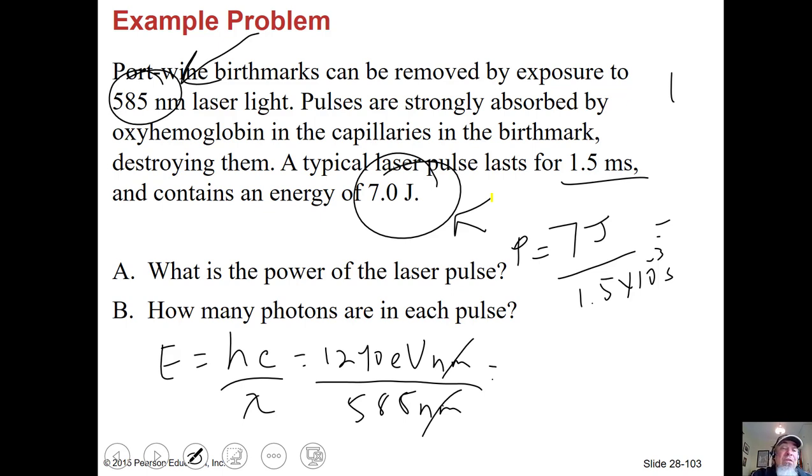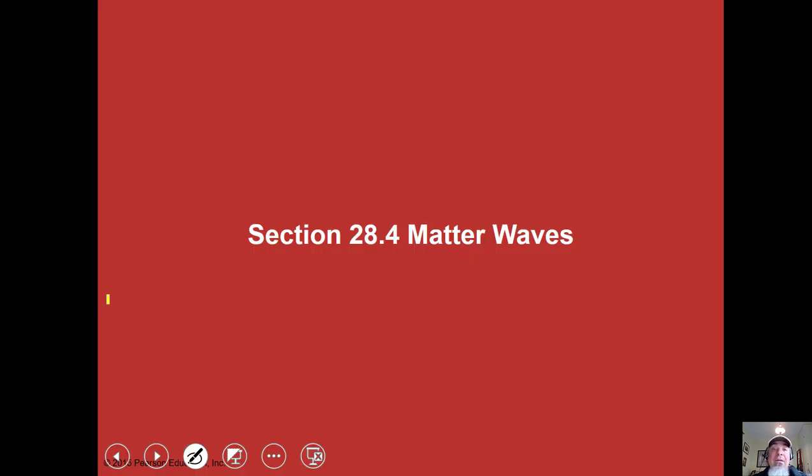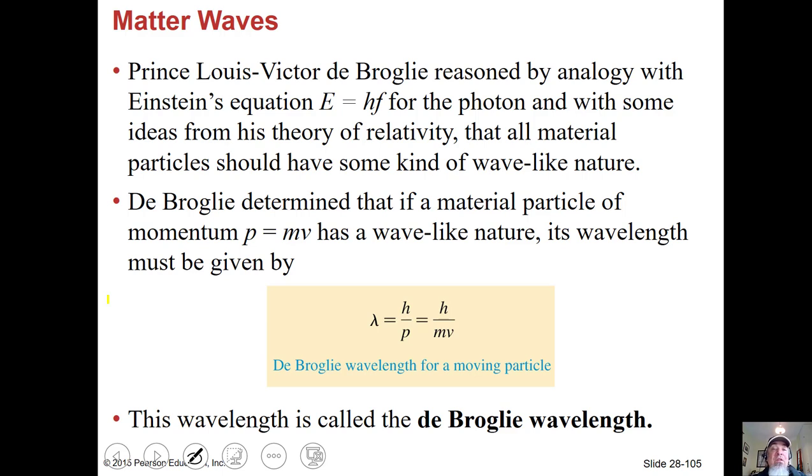So this part is similar to what we just did in the last couple of problems, actually. Okay, so lots of work with photons in this chapter. The next thing we have is our matter waves. So de Broglie, that's how you pronounce this, reasoned by analogy with Einstein's E equals hf for a photon, and with some ideas from his theory of relativity that all material particles should have some wave-like nature.